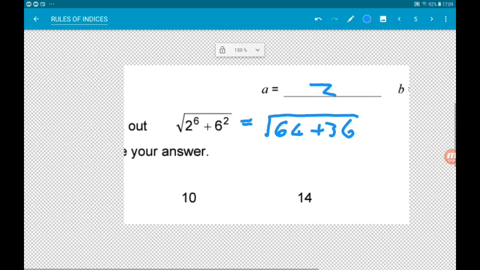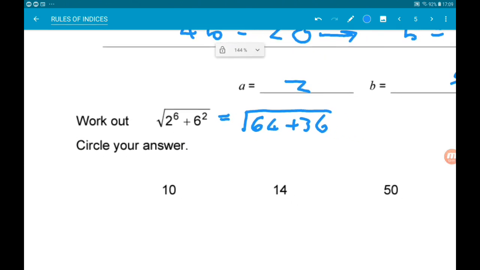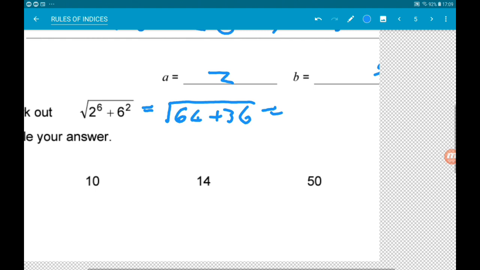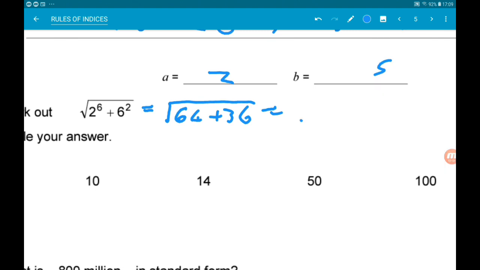Now, 64 add 36 is 100. So we have the square root of 100, which is 10.